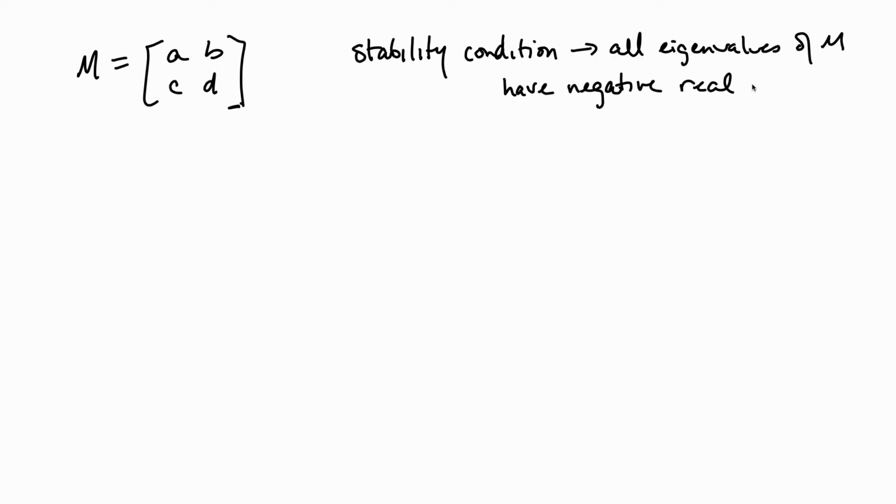So as long as the real part of all the eigenvalues of M is negative at the equilibrium point, then the equilibrium is stable. And you can find those eigenvalues by solving the determinant of M minus I times lambda equals 0, right? And those lambda will be the eigenvalues.